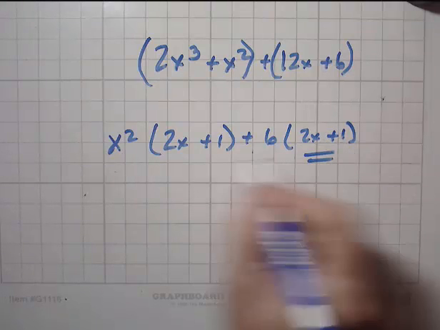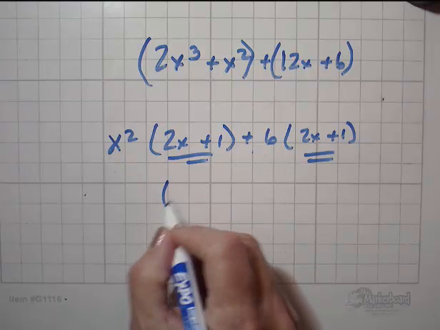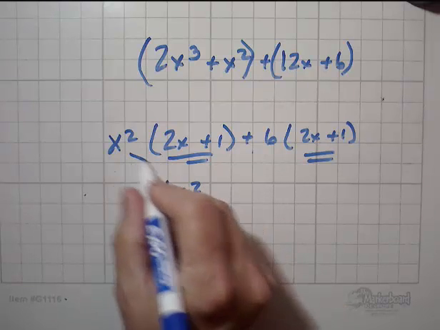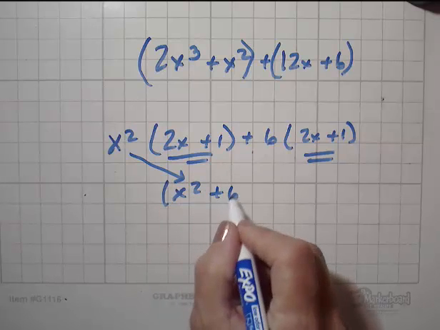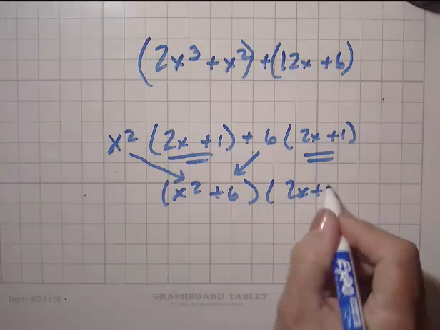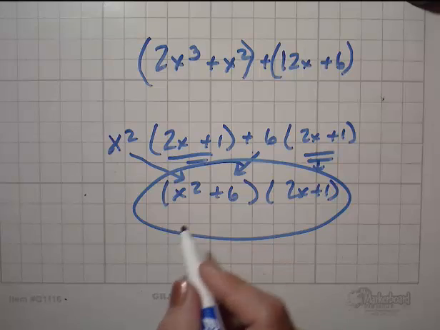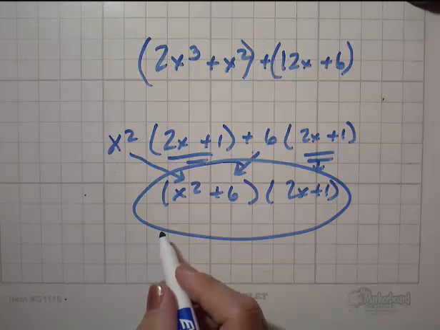And remember, ideally I want to have the same thing in the parentheses, otherwise I can't factor it by grouping. I have x squared from here plus 6 from here times 2x plus 1, which is what's in each of those parentheses, and I'm done. I've now factored that expression.